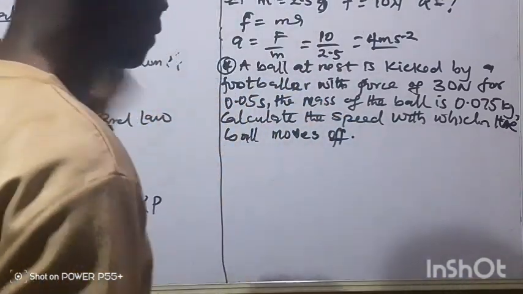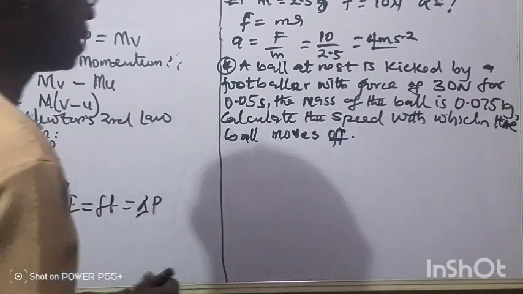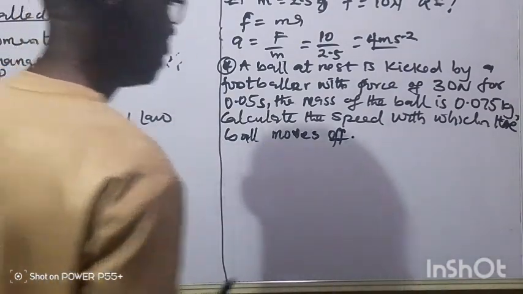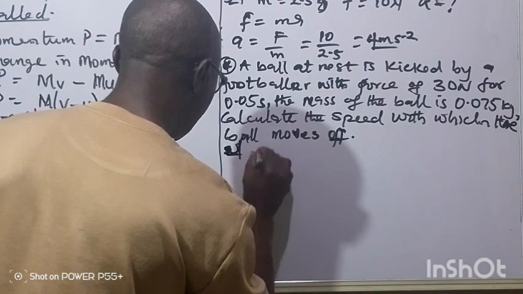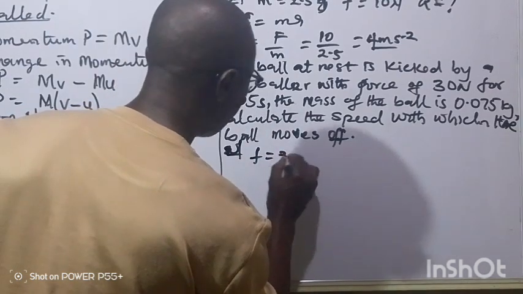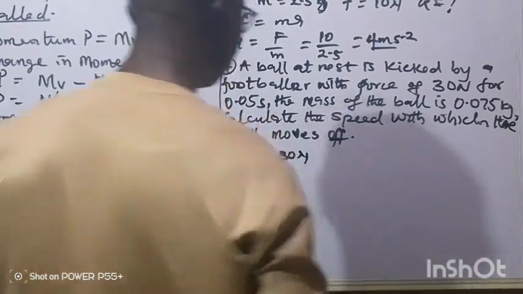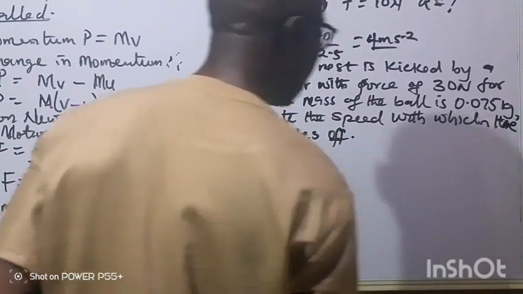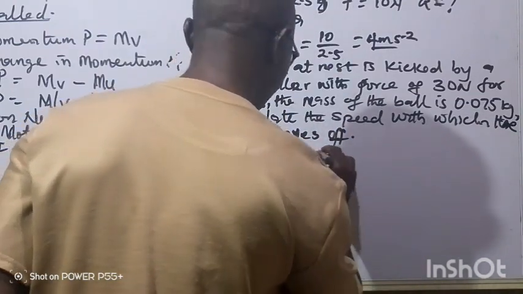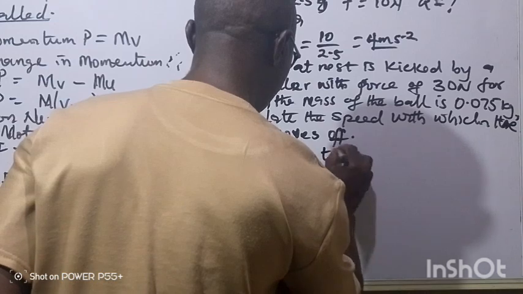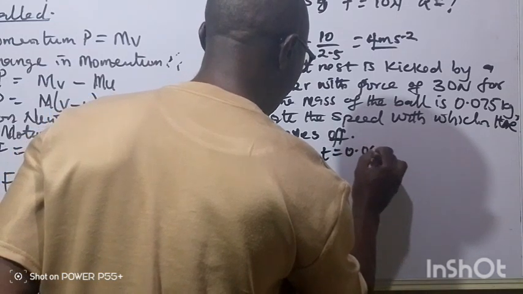Now, let's write the parameters given in this question. The first thing, force is given. F is given as 30 Newton. Again, the time the ball experiences the force, t is 0.05 seconds.